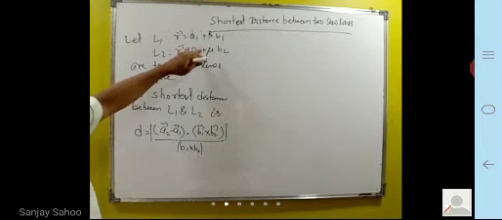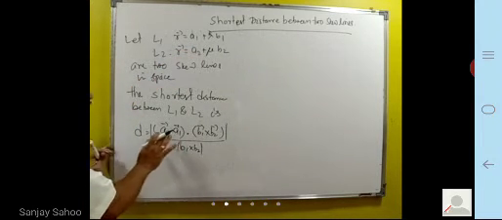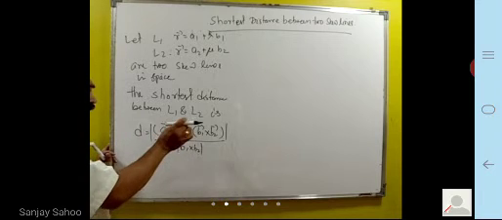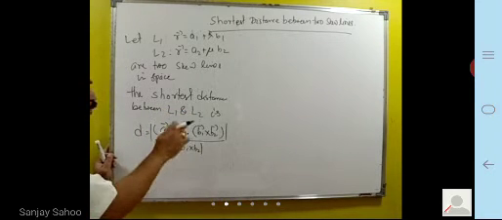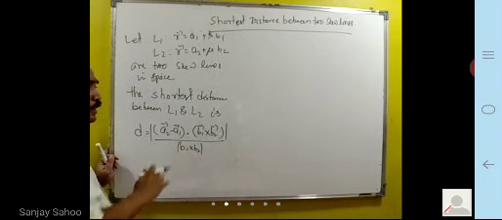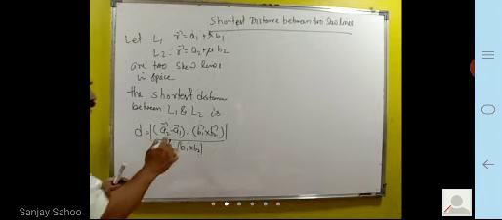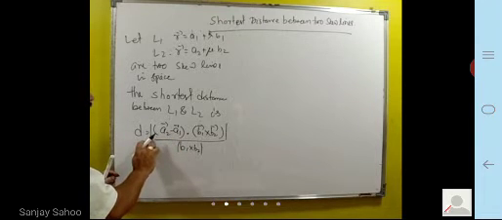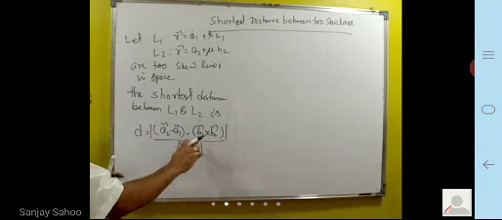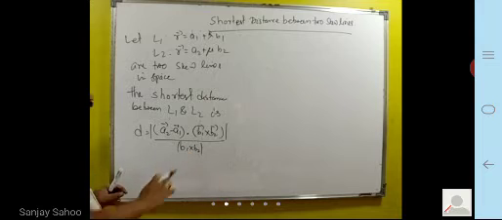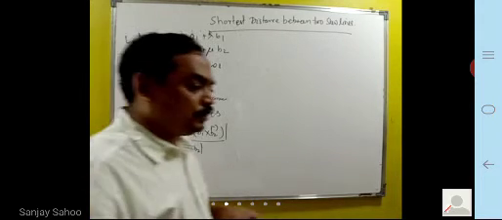Any two lines given, this is what I have said: the A2 minus A1 vector projection on B1 cross B2 vector. So that is nothing but A2 minus A1 dot B1 cross B2 upon mod B1 cross B2. So this will give you the shortest distance between the two lines.